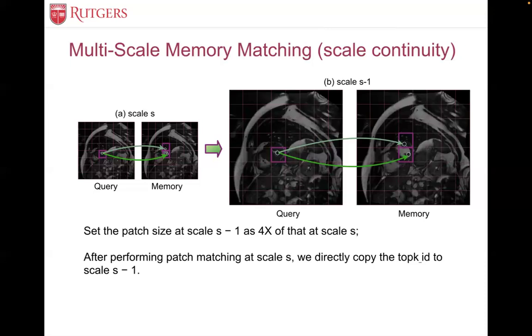So after performing patch matching at scale S, we can directly copy the top-k IDs to scale S-1. In this way, we can avoid query memory matching at finer resolution scales. Therefore, we can greatly improve the computational efficiency for multi-scale query memory matching.